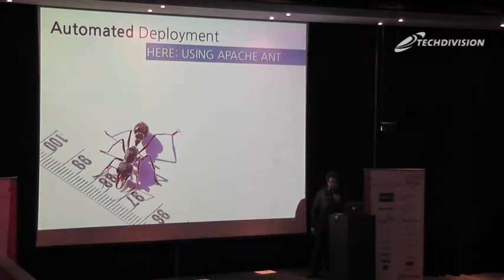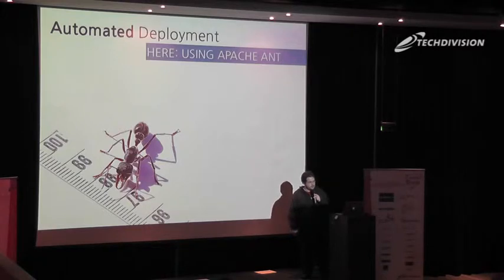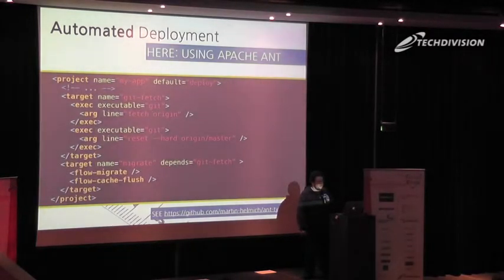It's a tool actually originating from the world of Java development. There's also a PHP implementation. It's called Phing, I believe, but I haven't really worked with it. Yes, when working with Ant, you have these XML configuration files. As we all know, Java developers love XML.